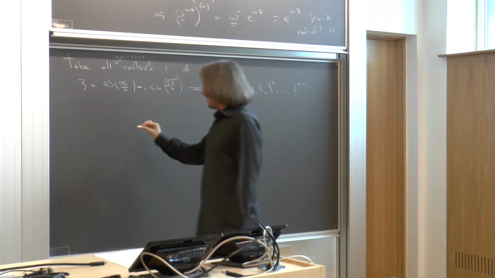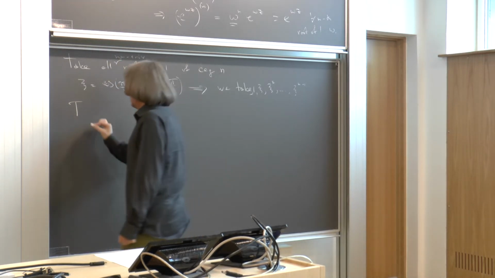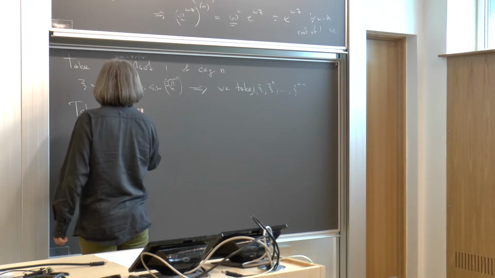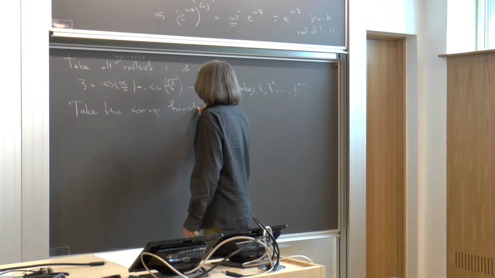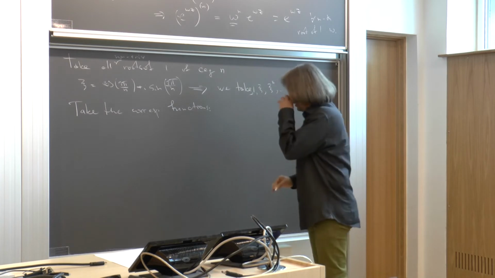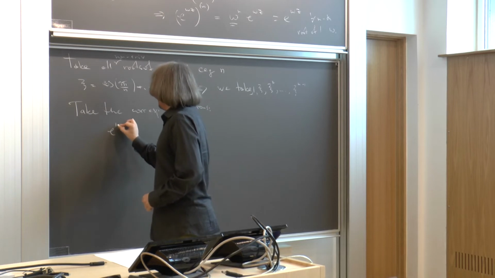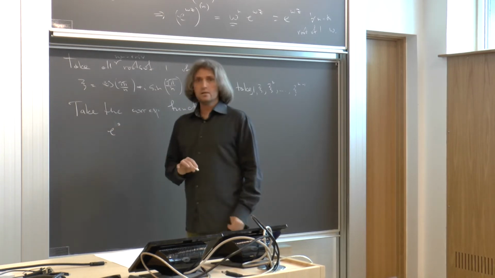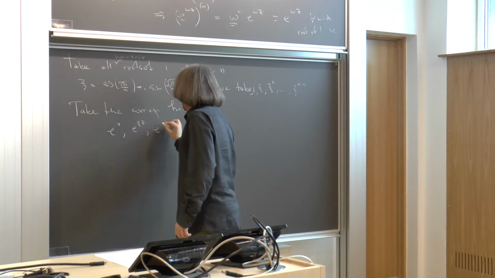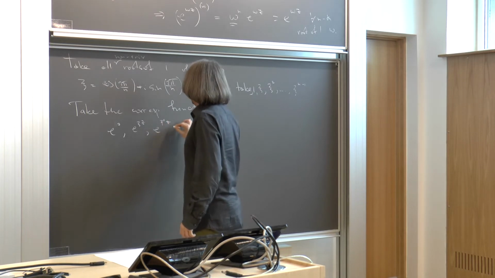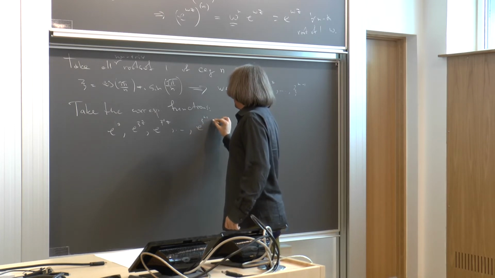Then let's take corresponding functions of the type I described. So e to 1 z, so I'll just write e to the z. Then e to psi z, e to psi squared z, up to the very end, so e to psi to n minus 1 z.